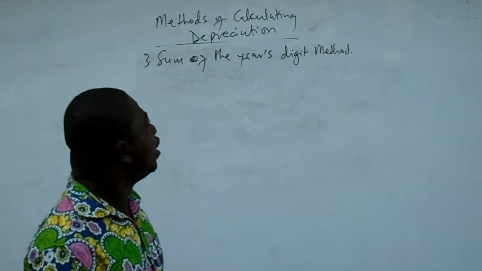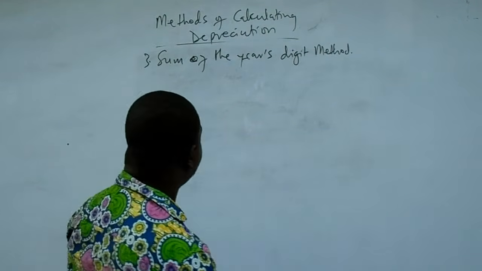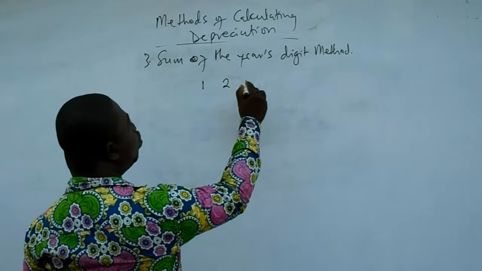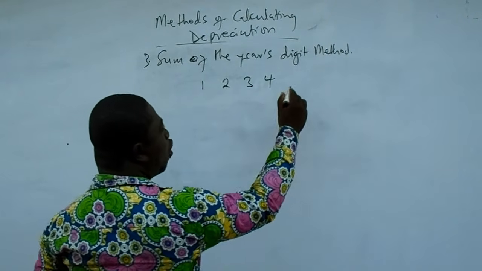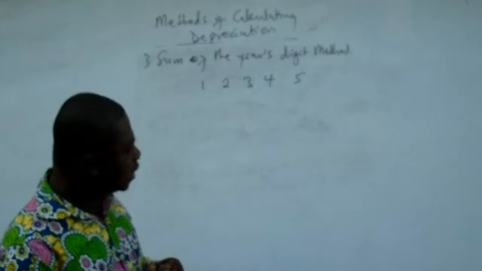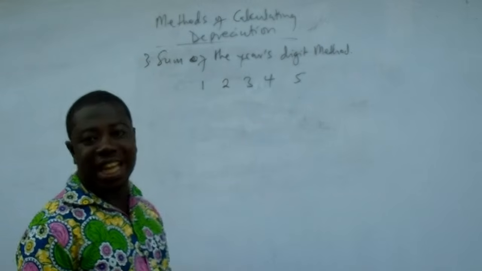And so if the asset has 5 years, for example, of useful life, then we are going to have year 1, year 2, year 3, year 4, and year 5. So these are the years of the asset, and then each of them will be used as a digit.